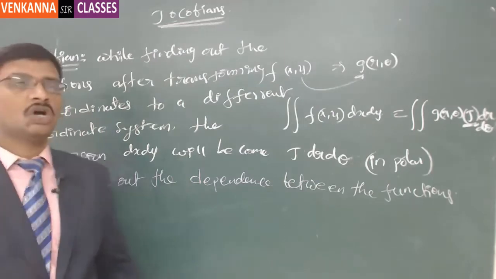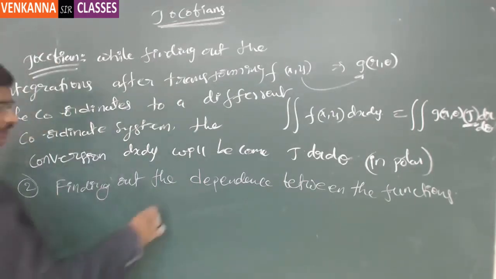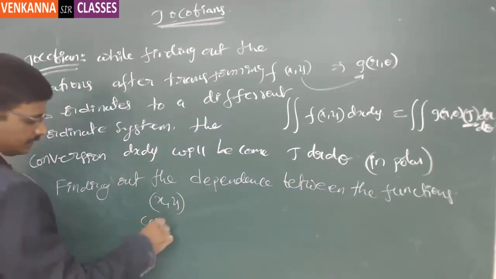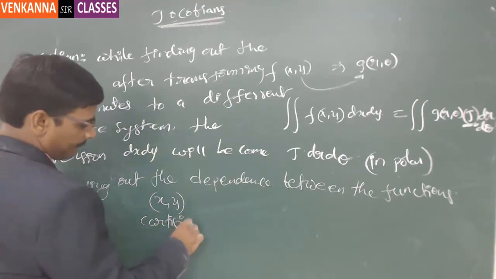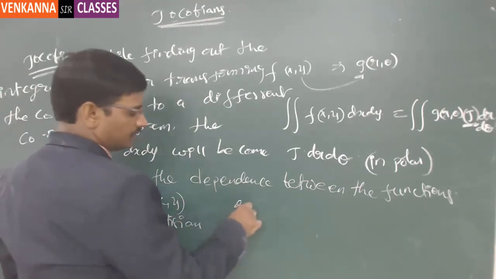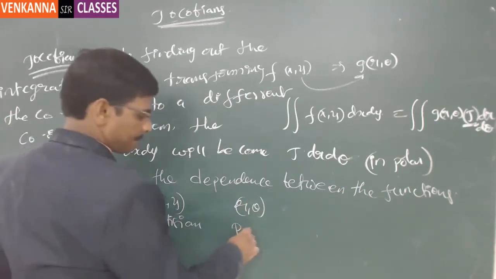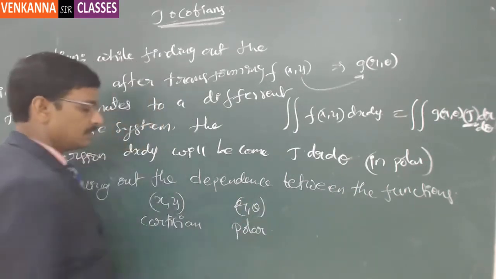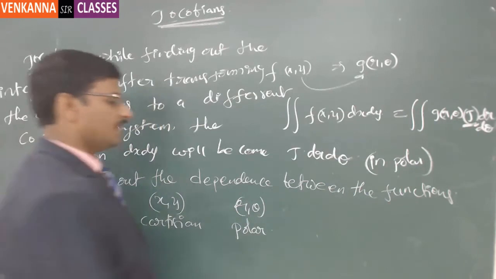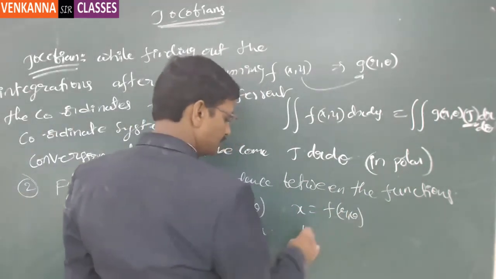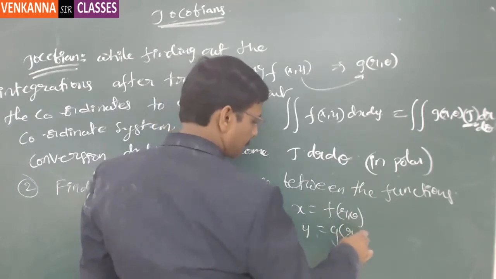And then the Jacobian is defined as follows. Suppose I have the Cartesian coordinate system x comma y as the independent variables, this is Cartesian. And then in the polar coordinate system I have r comma theta as the variables. Which essentially means that x is a function of r comma theta and y is also a function of r comma theta.